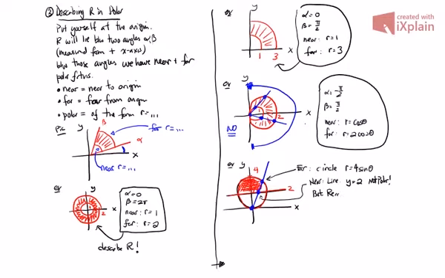So recall that when we convert to polar, we have x equals r cosine theta and y equals r sine theta. So in this case, y equals 2. This converts to r sine theta equals 2, or r equals 2 cosecant theta. So that is our near function.